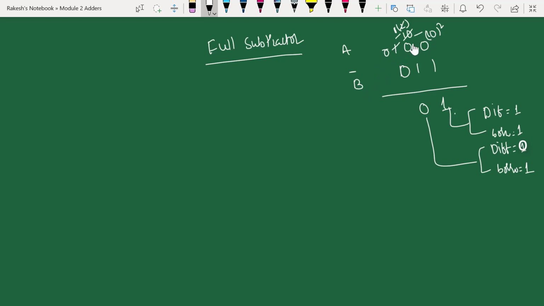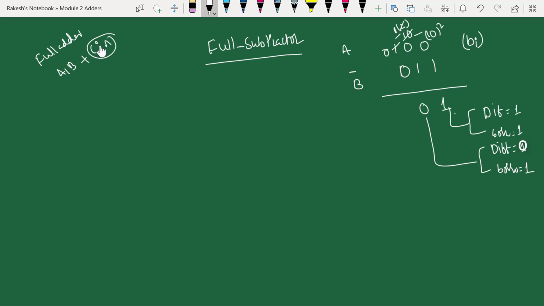So that's why you have to consider a new input, that is BI, for the circuit when you want to design a full subtractor. Like in the case of the full adder, we have taken A and B as inputs plus C in as also an input, because the C in will come from the lower order bit addition to the higher order bits.